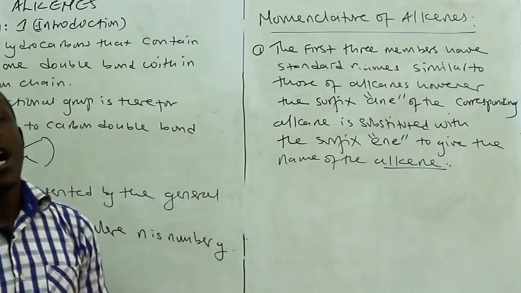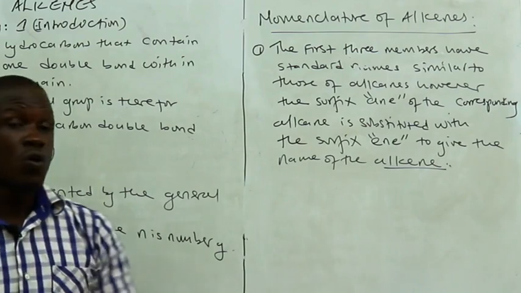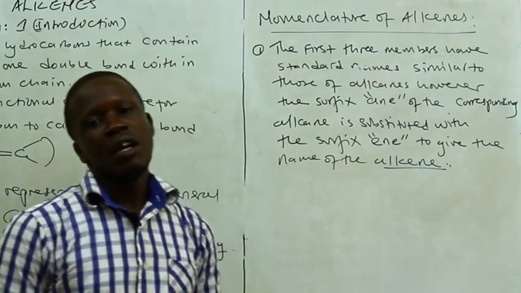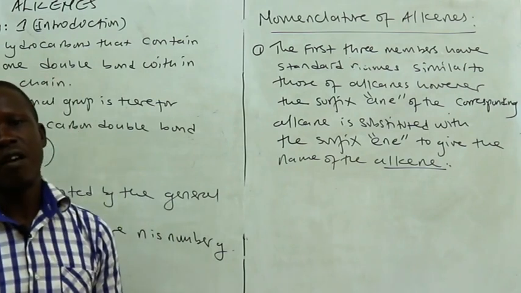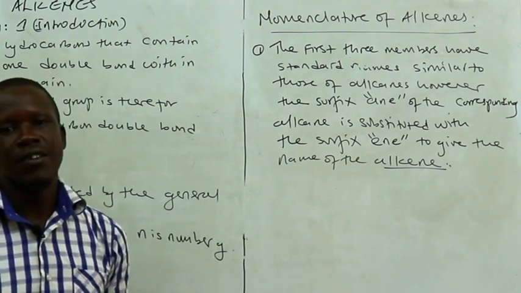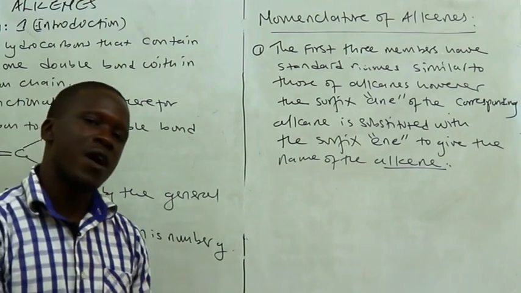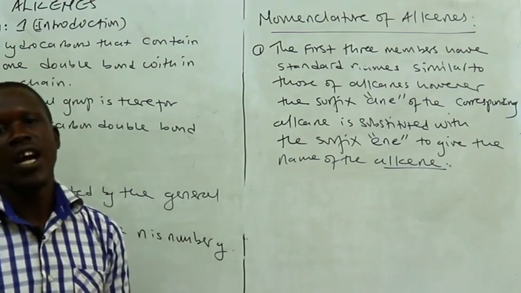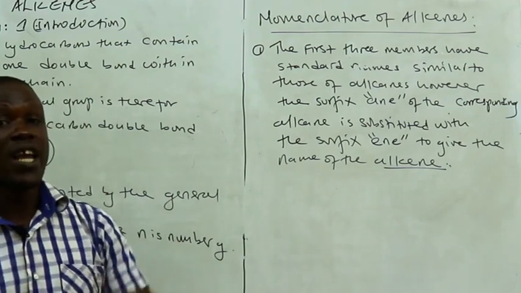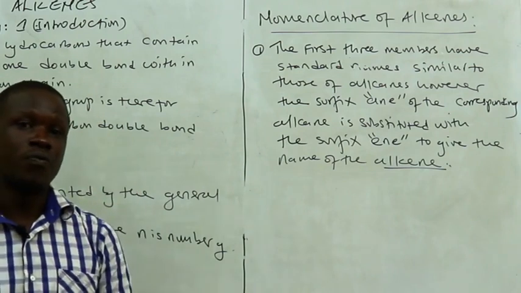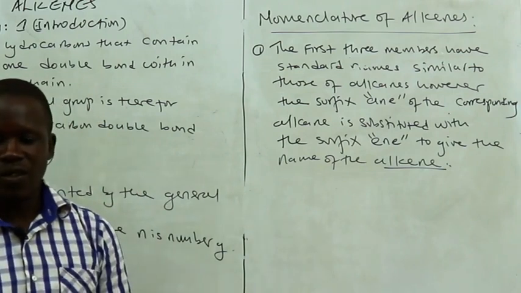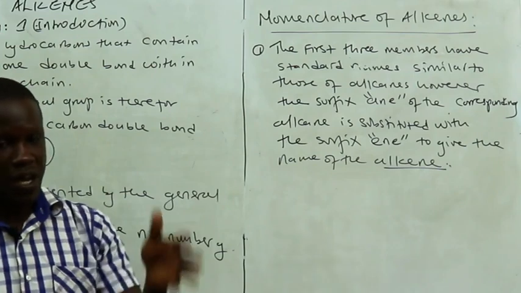That means there is no alkene with one carbon atom. So as we have methane for alkanes, there is no corresponding member of one carbon atom in alkenes. So we begin with carbon atom number 2. Okay? So alkenes begin with carbon atom number 2.